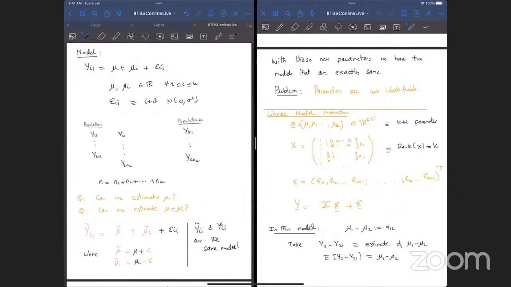That means this combination is identifiable. Individually they're not identifiable because of this tweak in the model. I can add a C to it and subtract a C from it. The parameters are different, but the model is the same. Okay, got it.